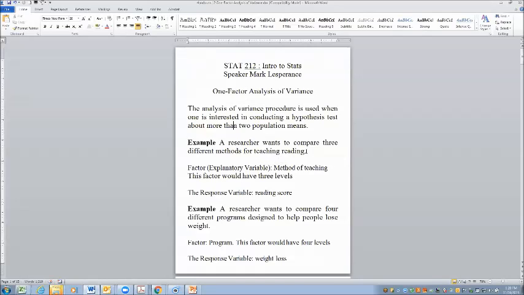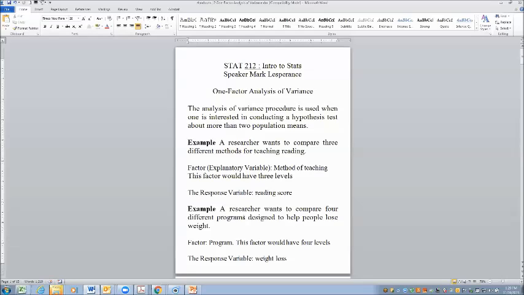Each group will get a different methodology for teaching reading, and then I can compare their average reading scores at the end of the experiment to see which one has a better reading score, or if there's any difference between them. The null hypothesis with analysis of variance is that none of the teaching methods would be preferred over the others. They would all be equally effective. The alternative is that at least 2 of the methods would have different scores.